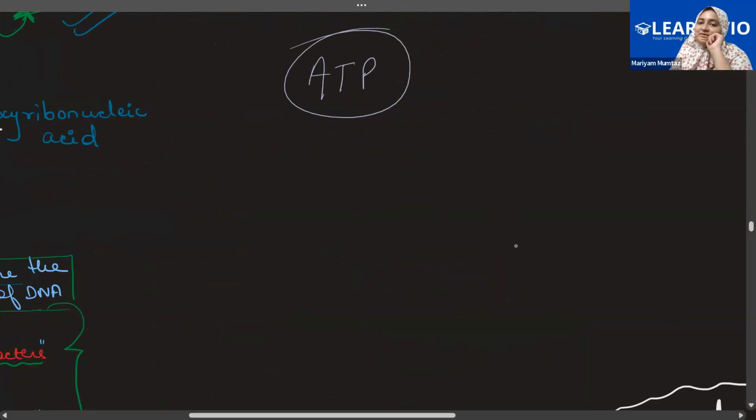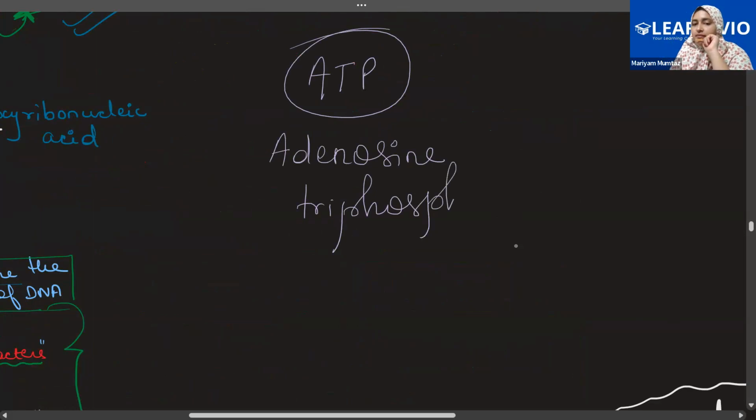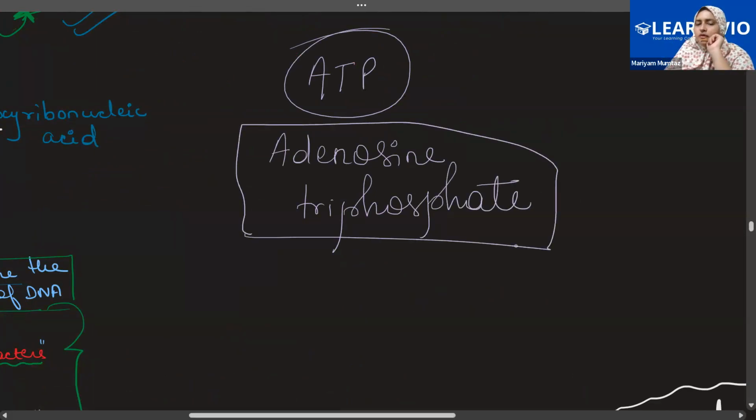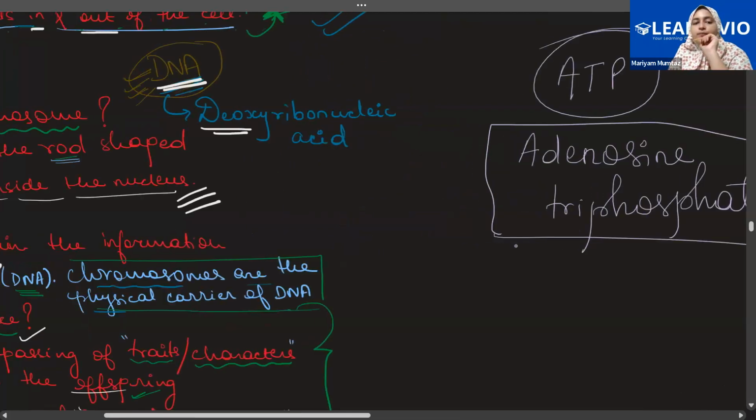None of you know this. The full form of ATP is adenosine triphosphate. Okay, we'll talk about this more when we come to mitochondria.